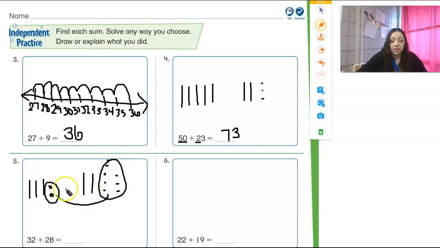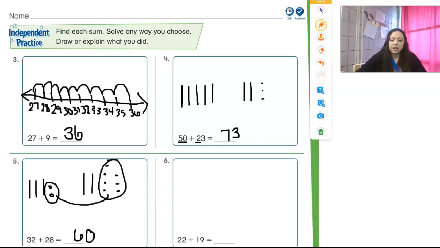Remember, this is a group together. 4, 5, 6 groups of 10. So I have 6 groups of 10, and then how many ones? I don't have any left over, so I have 0. So let's count that. 10, 20, 30. Remember, this is a group. 40, 50, 60. So 32 plus 28 must be 60.